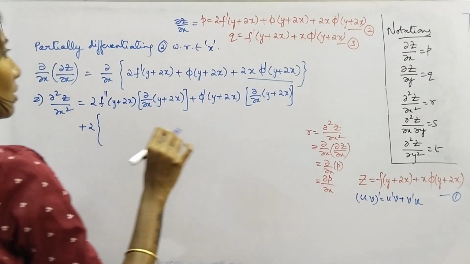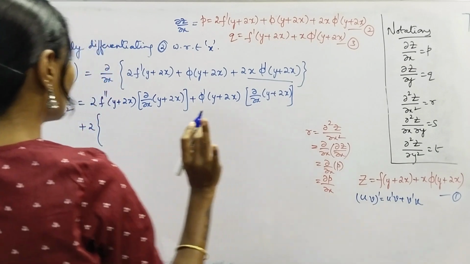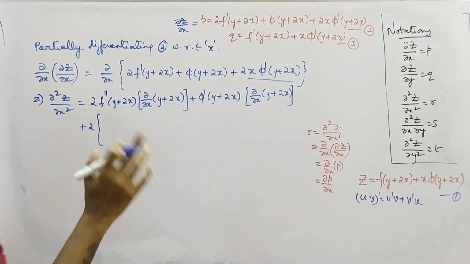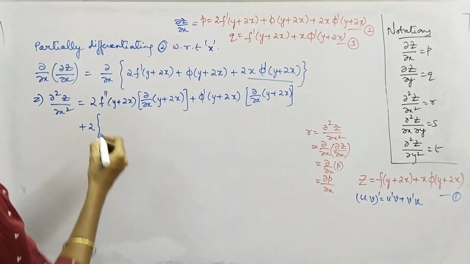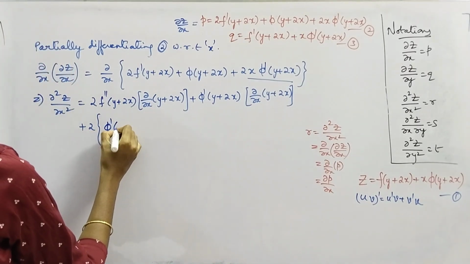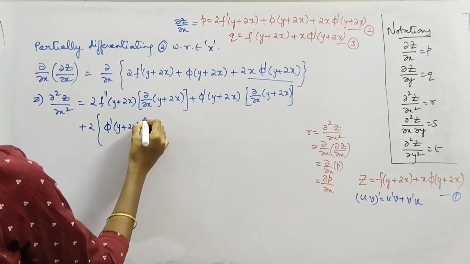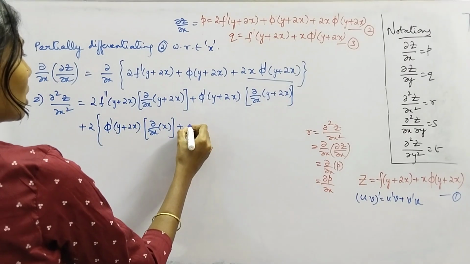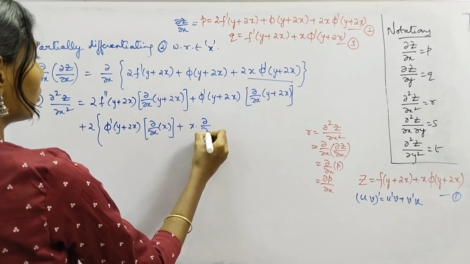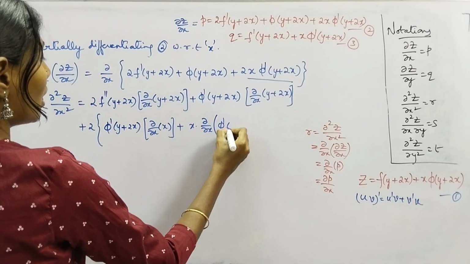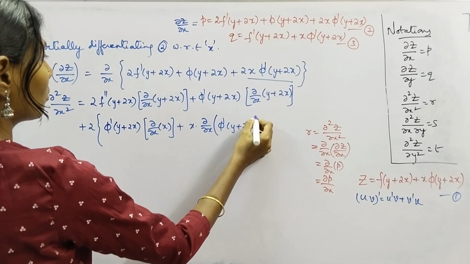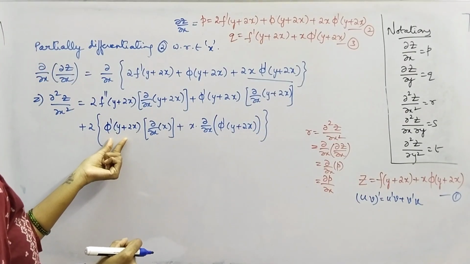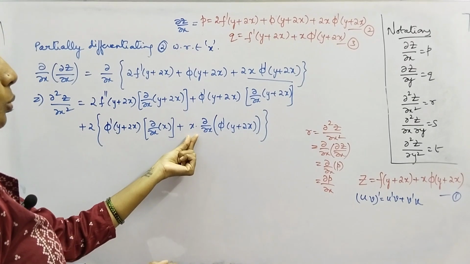First we will apply derivatives for x, and in the next term we'll apply for phi dash. So you'll get phi dash of y plus 2x into derivative of x with respect to x plus x into derivative of phi dash of y plus 2x. Clear? u dash v plus v dash u.